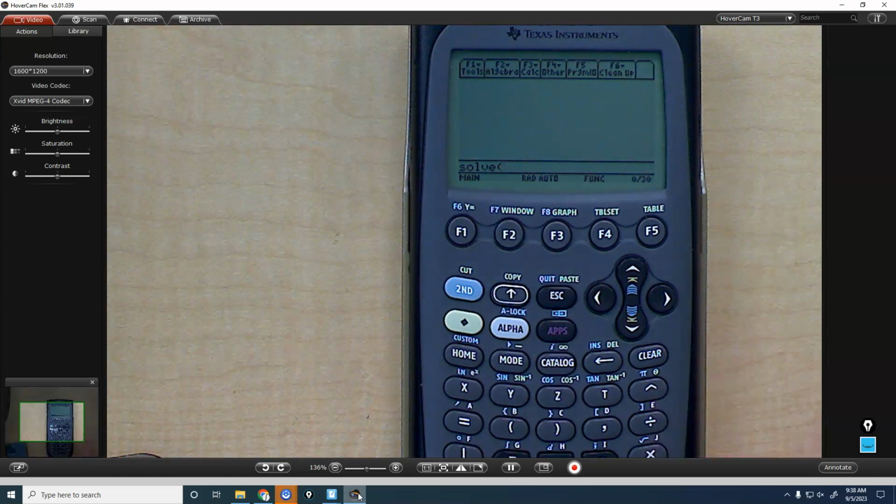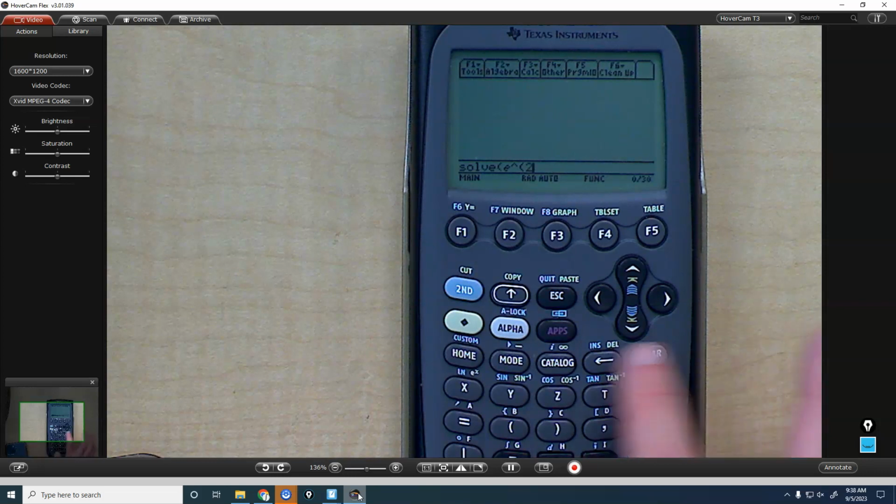To get your e on this one, there's an e to the x, which is what we need anyway, so it's fine. There's also a regular e, some way to get to it, and it might just be the letter. But anyway, we're going to do e to the 3x.